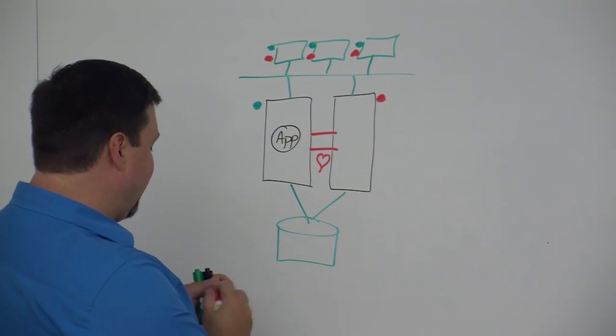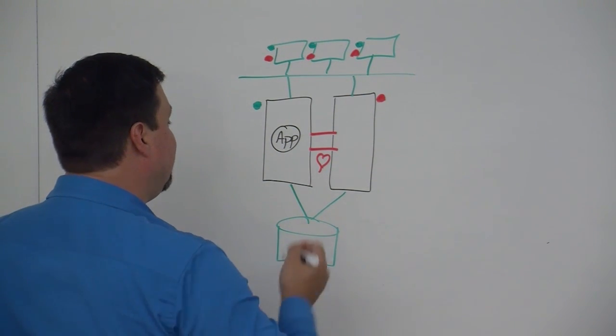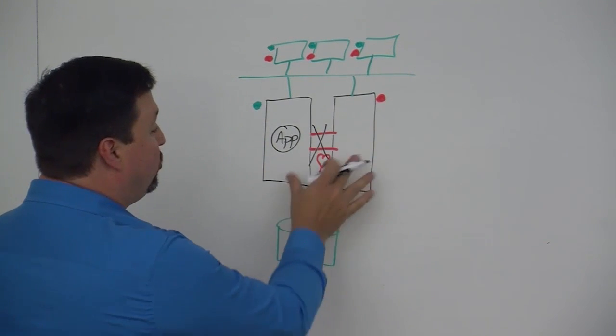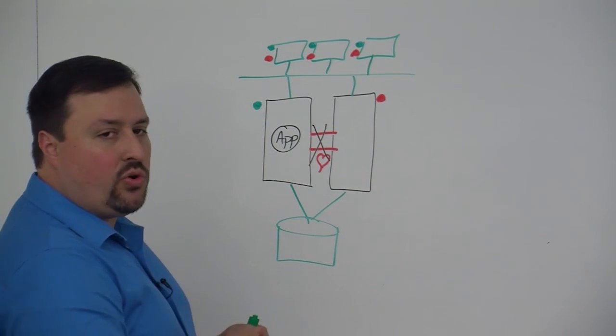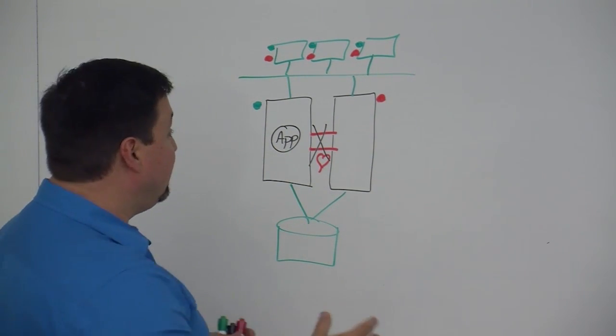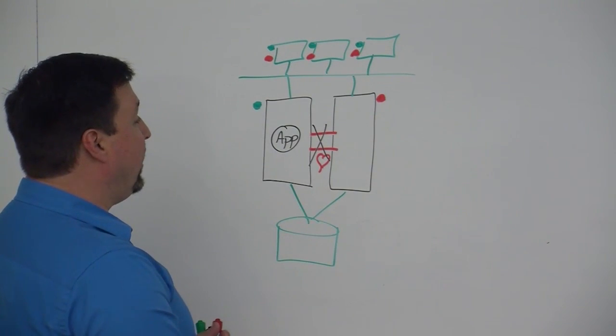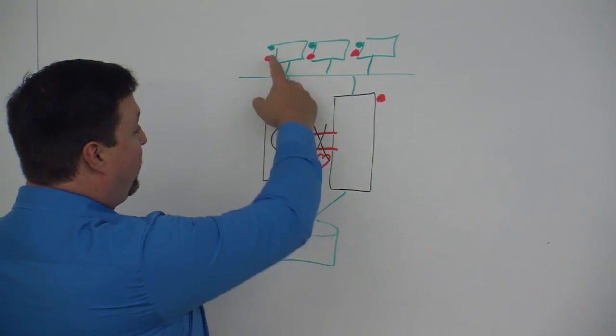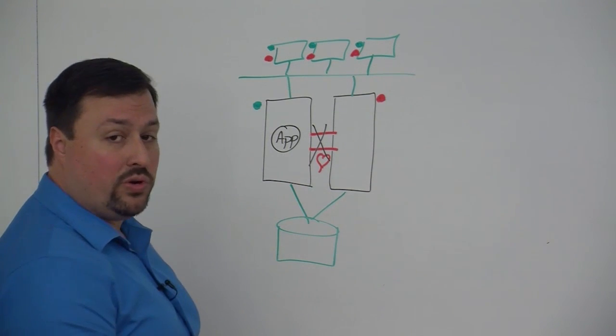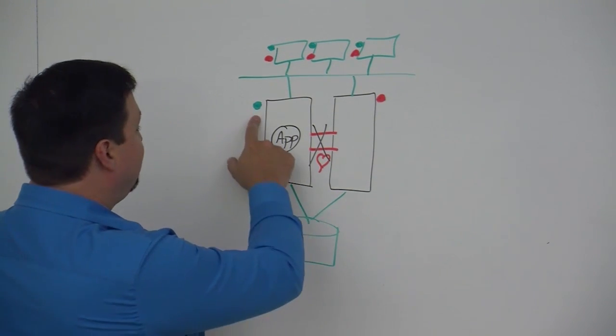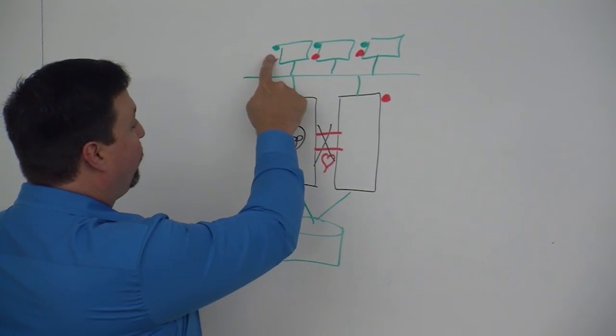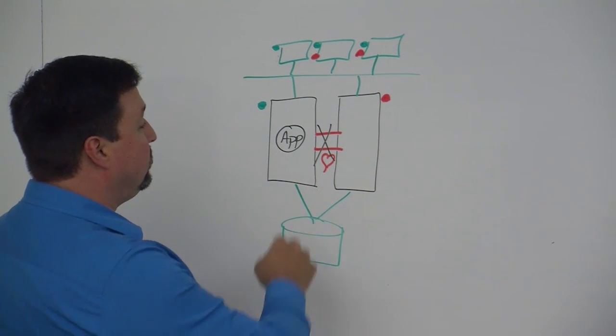If something does, like we had said, happen to the heartbeat, now rather than them assuming they're the only one alive, they're going to go through a race condition. The race condition is to try to identify the other node in the cluster and remove their reservation from the coordination points. So in this case, the green node is going to remove one of the red node's reservations.